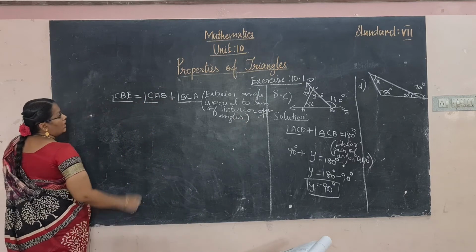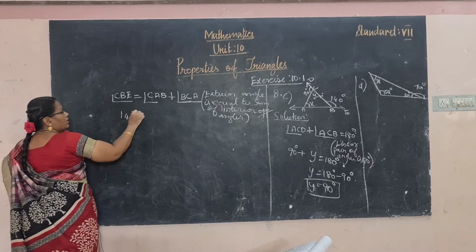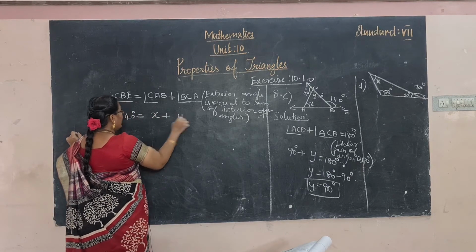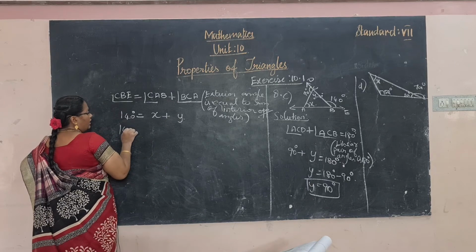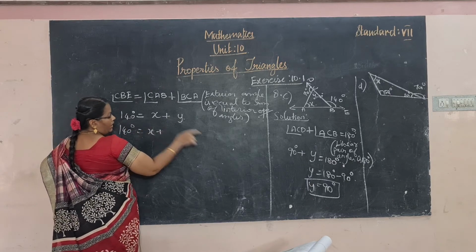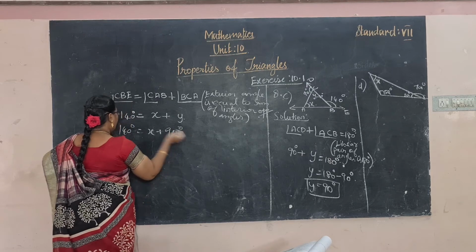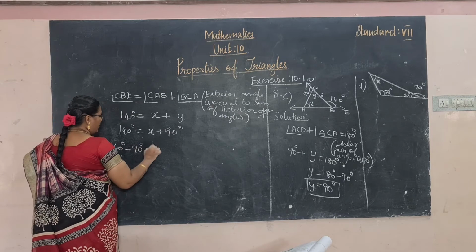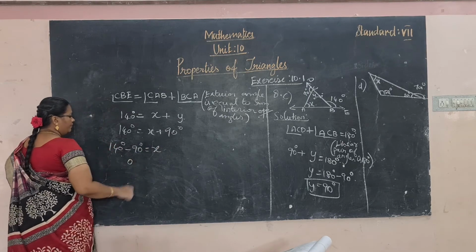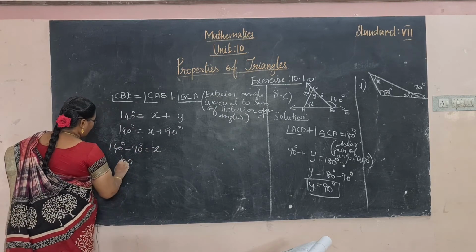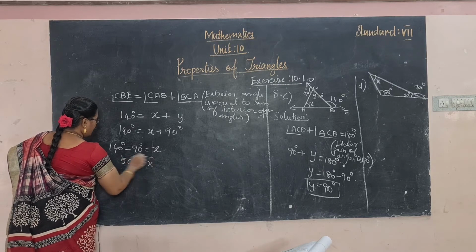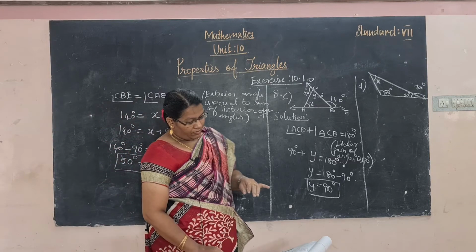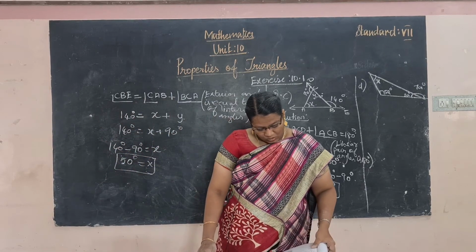So exterior angle value 140 degree is equal to x plus y. Y we already found, 90 degree. Move to this side, 140 minus 90 degree equal to x, so 50 degree. So x equal to 50 degree.